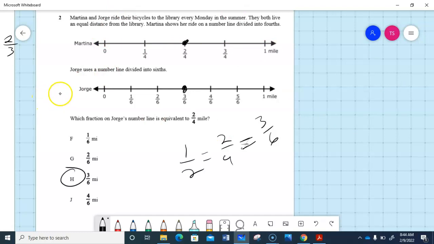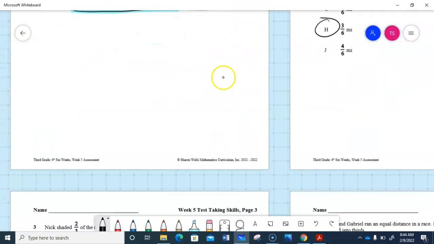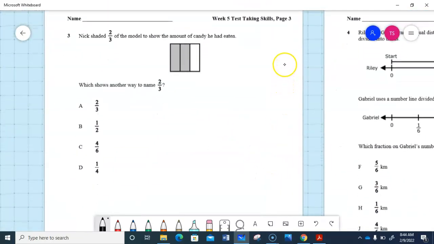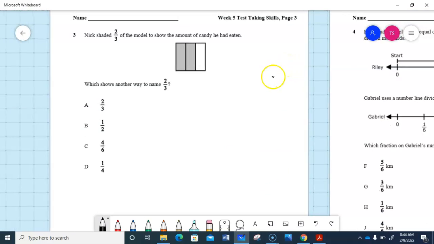Let's go ahead and look at problem number 3. Okay, problem number 3 here. It says Nick shaded in 2/3 of the model as shown to show the amount of candy he had eaten. Which model shows another way to name 2/3? So basically, same thing we did on one of those other number lines.